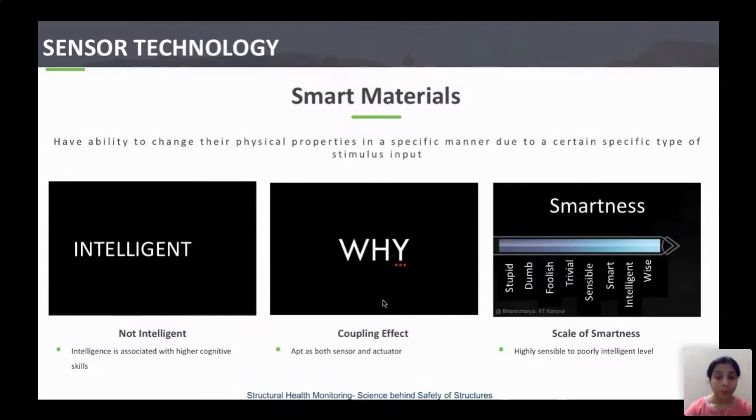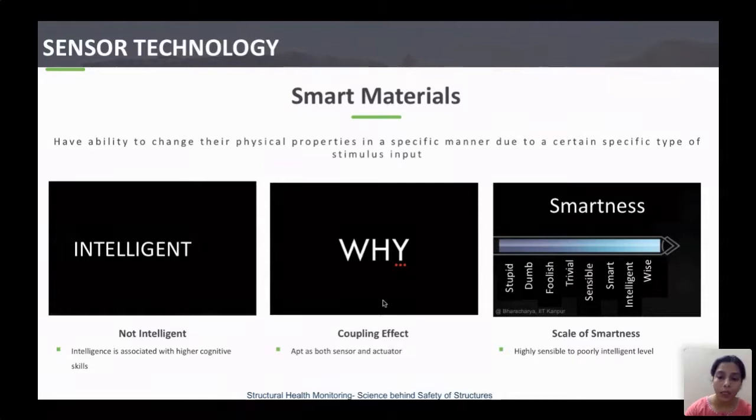Right? Now, if we are calling them smart, you can ask me, why are they smart? Consider any material, and if you apply load on it, there is a tendency that the material will get deformed. In normal conventional materials, only mechanical deformation will happen.